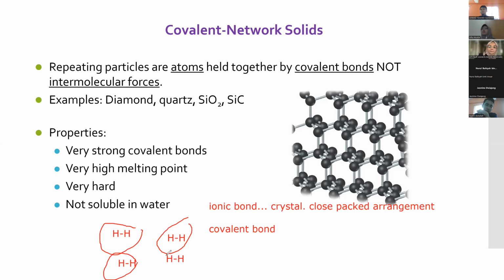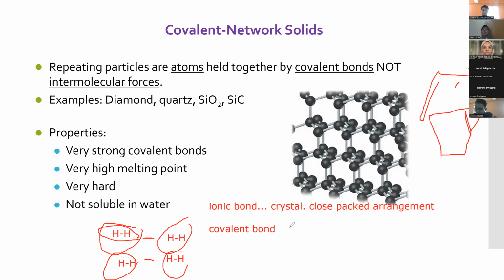It's different from sodium chloride. Sodium chloride makes a crystal like that, a solid. So they are hard and rigid for ionic bonds, but the covalent bond is not.